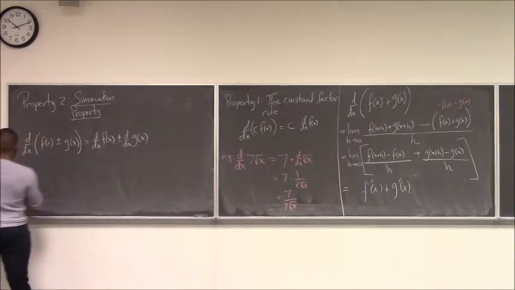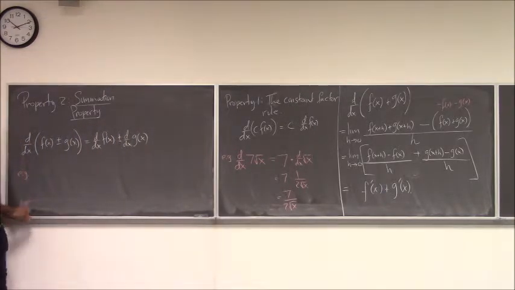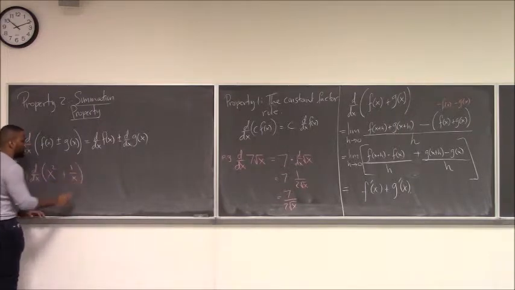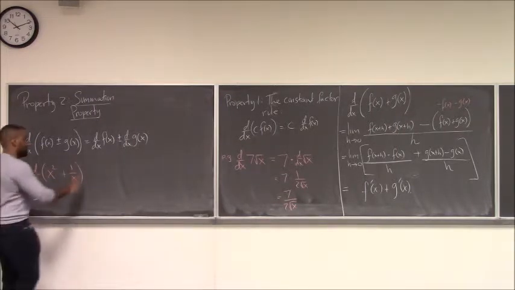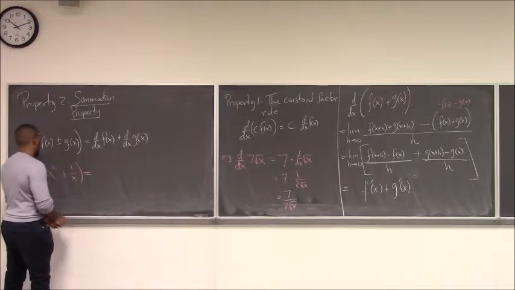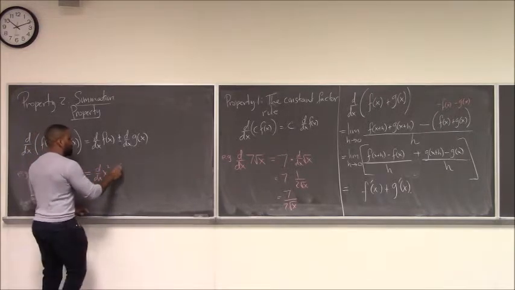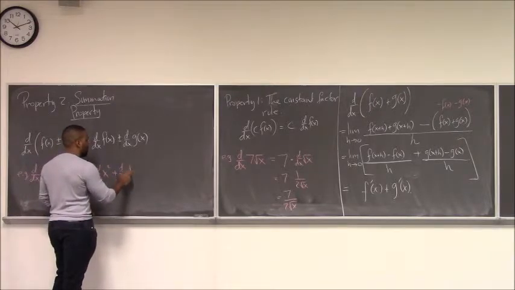of these functions. So for example, I can talk about what is going to be the derivative of x squared, which we saw last time, plus 1 over x. Well, that's basically going to be the derivative of x squared plus the derivative of 1 over x.